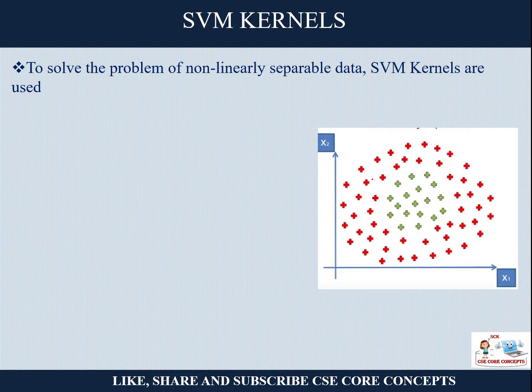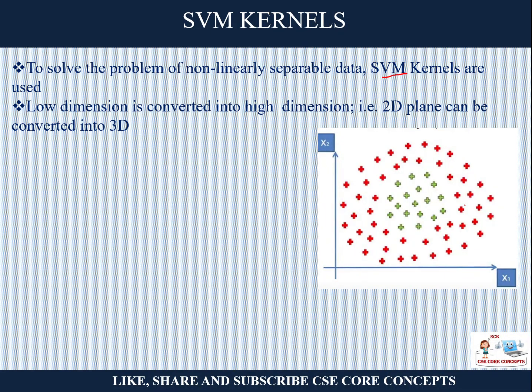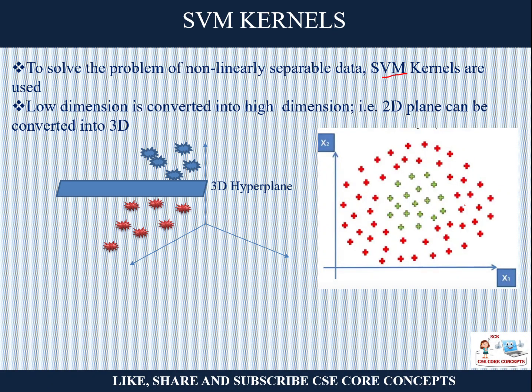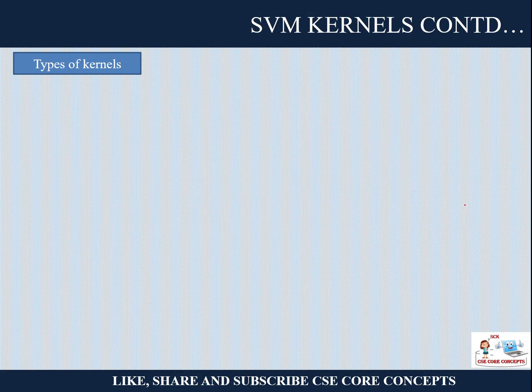In order to solve this problem of non-linearly separable data, we can use something called SVM kernels. In this case the low dimension is converted to a higher dimension. So instead of having a 2D hyperplane, we now consider a 3-dimensional hyperplane which is going to separate the data.